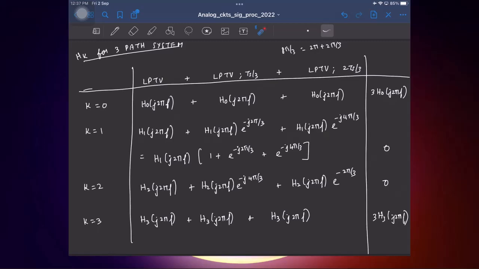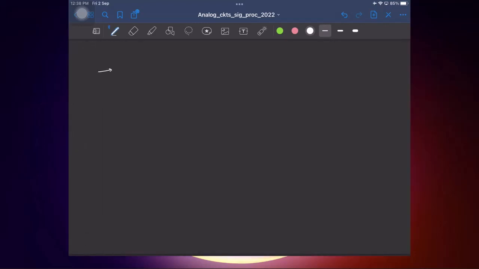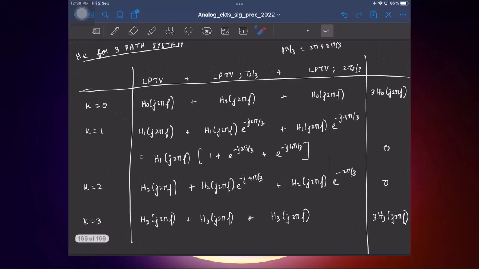But of course, in practice, no two quantities are exactly identical, so there will be some mismatch among the systems. So in practice, you will be limited by the mismatch, right?